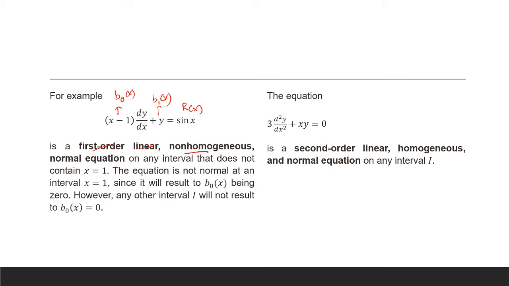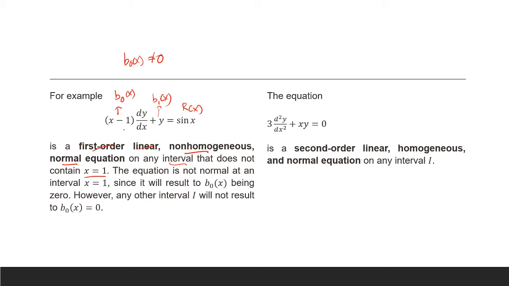Now, paano natin nasabi that normal siya on any interval that does not contain x is equal to 1? Remember from the description earlier, kailangan daw normal ang isang differential equation to one interval if your b sub 0 of x is not equal to 0 in that specific na interval. So, your b sub 0 of x is x minus 1.